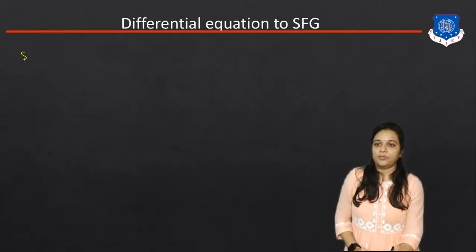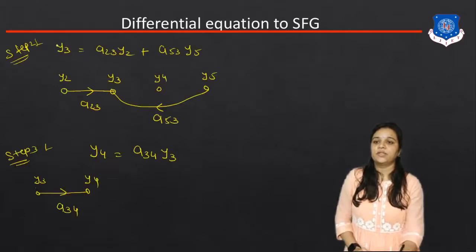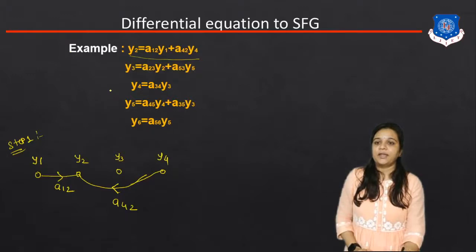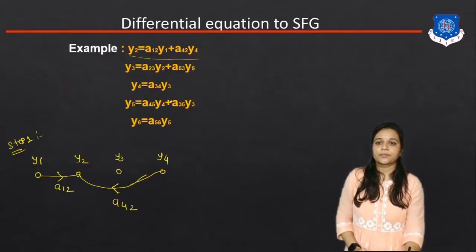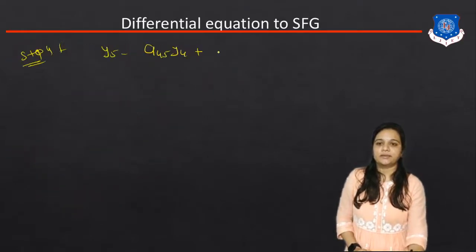Now in step number 4, the fourth equation is y5 equals a45 y4 plus a35 y3.